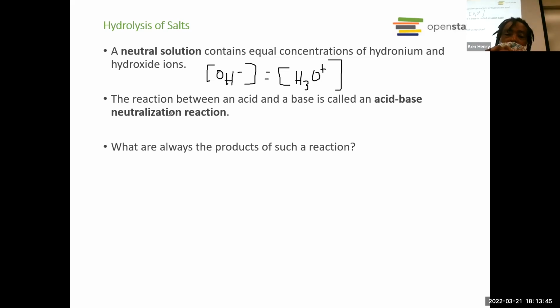In the case of an acid-base neutralization, we're also going to end up having similar things. The only thing now is we're going to have the production of salt and water.